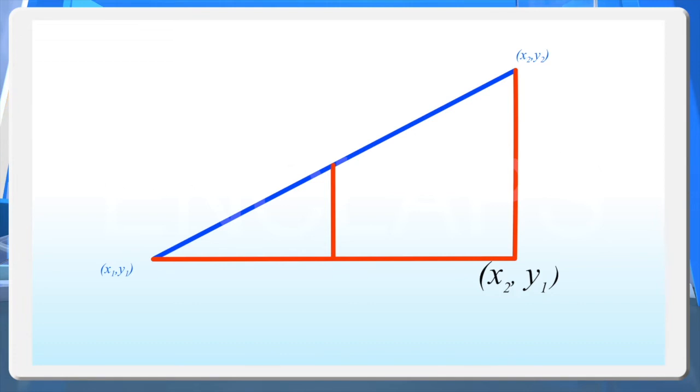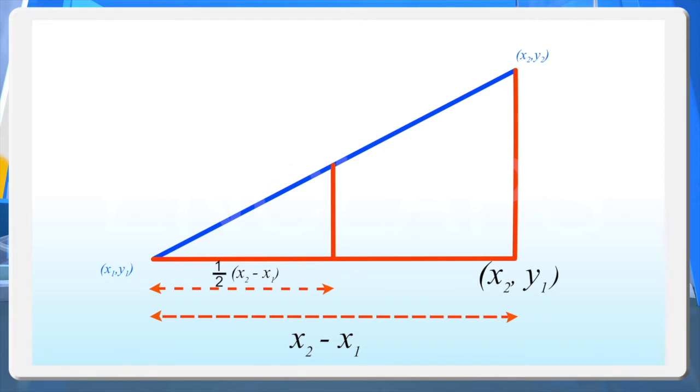That is, the length of the lower perpendicular side of the large right triangle is x2 minus x1 and the length of the lower perpendicular side of the smaller right triangle is 1/2 into x2 minus x1. The length of the second perpendicular side of the large right triangle is y2 minus y1 and that of the smaller right triangle will be 1/2 into y2 minus y1.